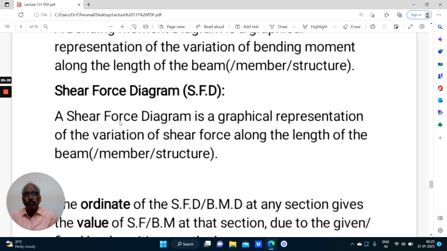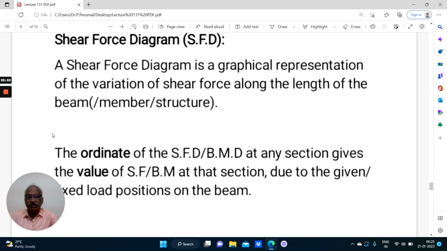So the respective code books will take care of the guidance for the design, how to design, what are the formulas that are to be used. All those things will be guided. But analysis, one will have to be familiar. How to find out the bending moment, what is the variation, what is the shear force for which you have to design the structure, what is the bending moment for which you have to design the structure. That only we have to find out.